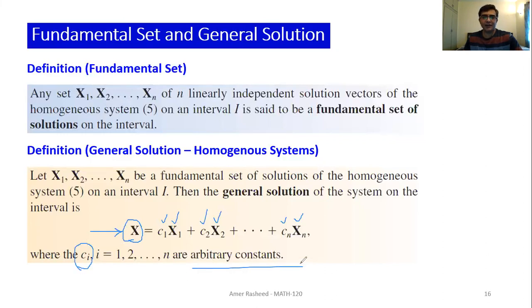They could be real numbers. I hope you get what the general solution of a homogeneous linear system is.